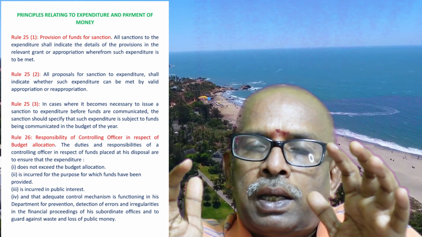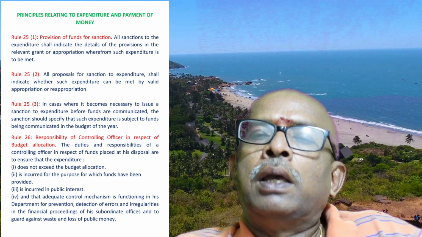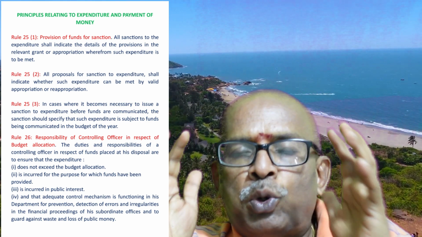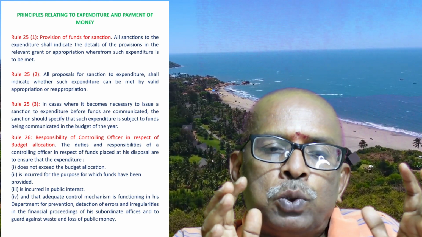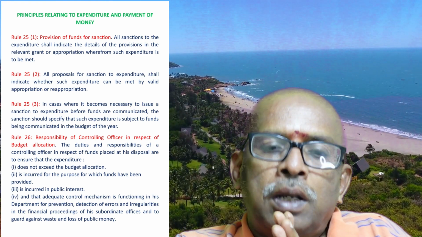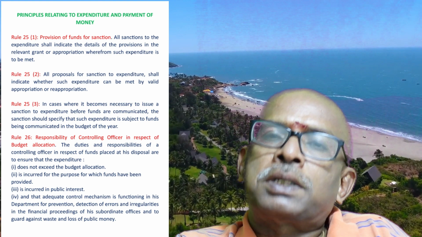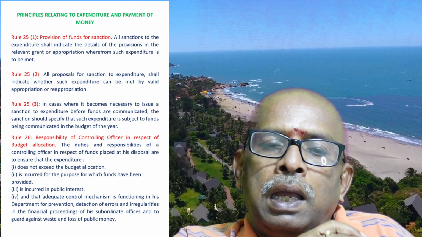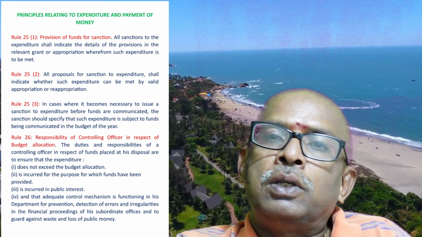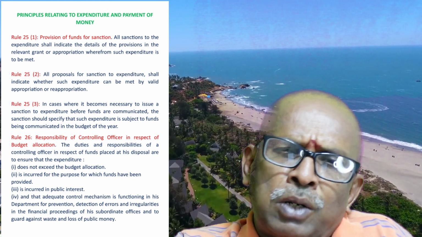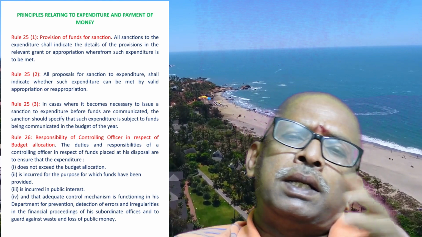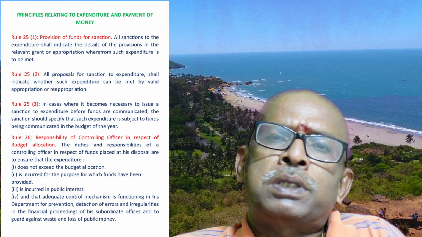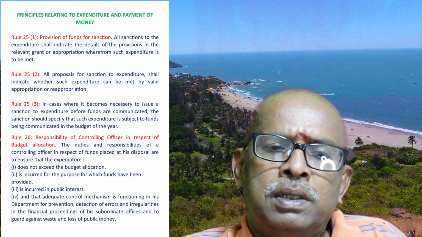So not only his own work, the subordinate authority also, he should put in a mechanism which ensures prevention or detection of error. If an error has happened, it is detected easily. And for prevention of irregularities, you have to put in a mechanism. For that, all these accounts, record maintenance, connecting papers, submission of reports, all those things will come in this.